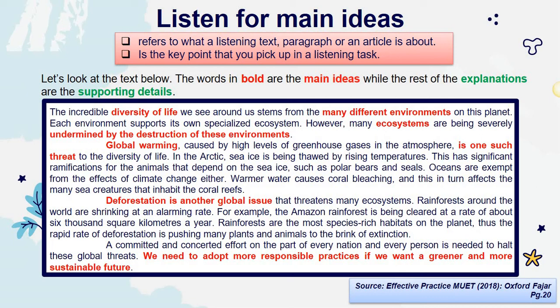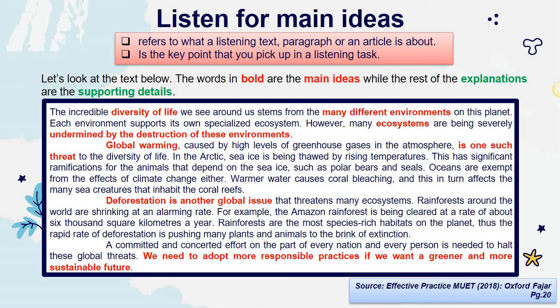This has significant ramifications for the animals that depend on the sea ice, such as polar bears and seals. Oceans are not exempt from the effects of climate change either. Warmer water causes coral bleaching, and this in turn affects the many sea creatures that inhabit the coral reefs.